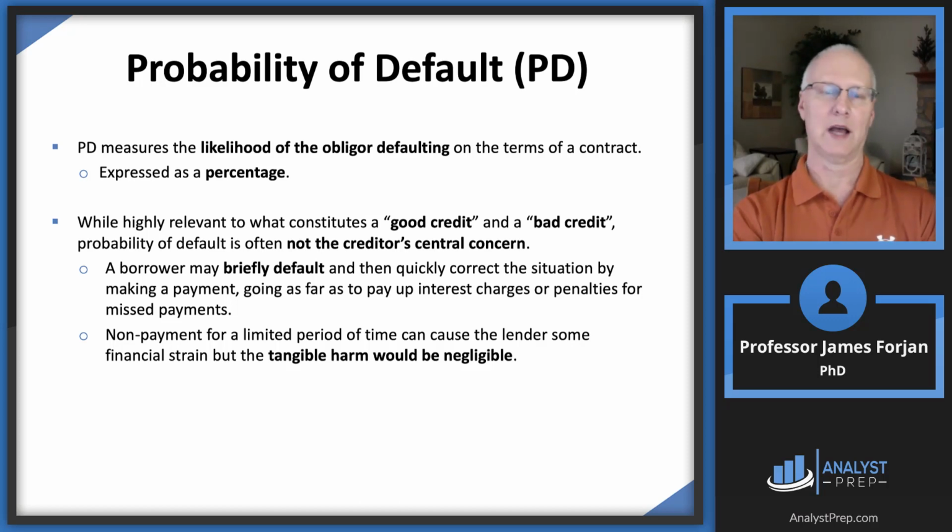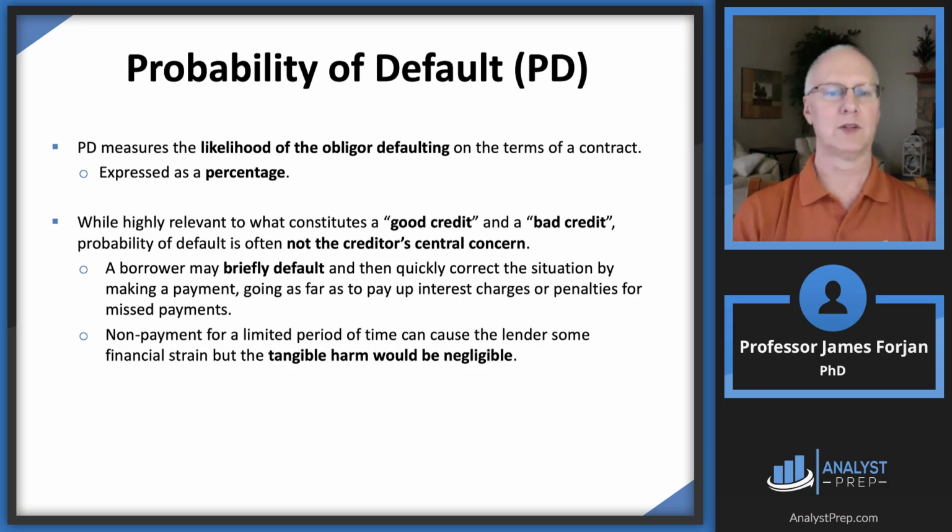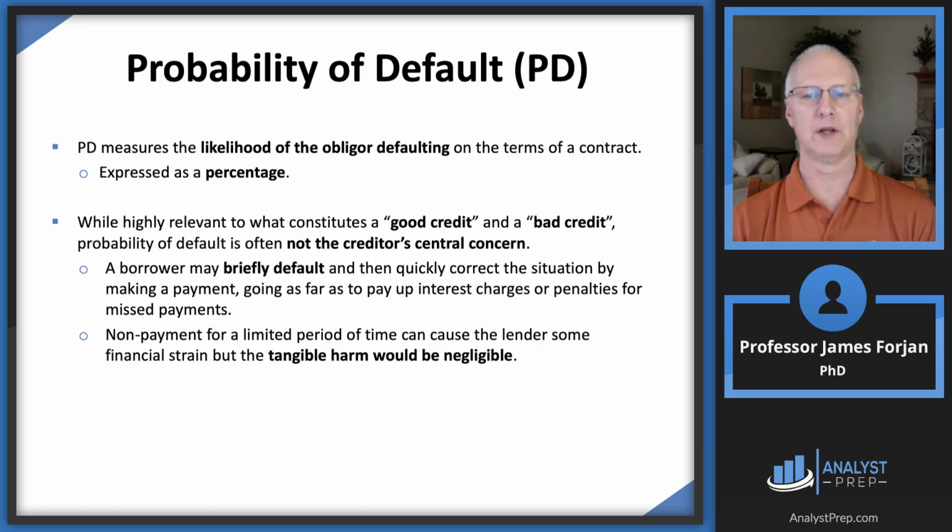And so I can go from being in default to being current in a relatively short time. And so this is another challenge that financial institutions face. So look at that last circle point. Non-payment for a limited period of time can cause the lender some financial strain, but the tangible harm would be negligible.